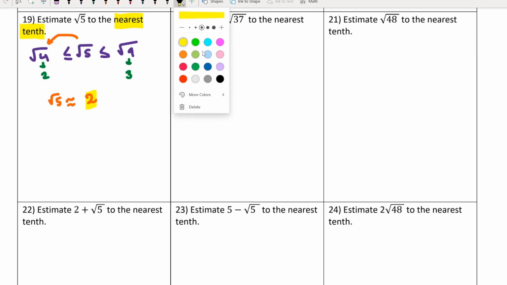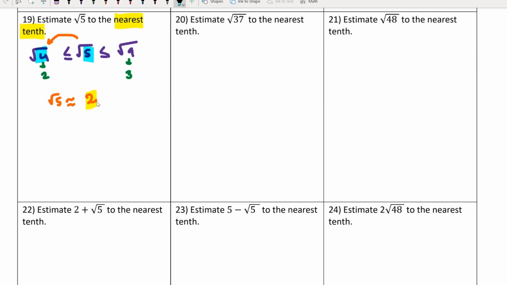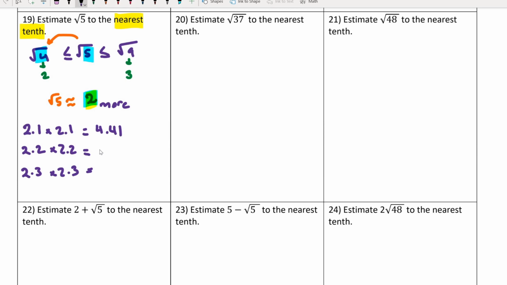Okay, like we've been saying, 5 is bigger than 4, which means the answer is 2 and a little more, so we're going to go up as 2.1, 2.2, 2.3, and find out which is closer to square root of 5. 2.1 times 2.1 is 4.41. 2.2 times 2.2 is 4.84.